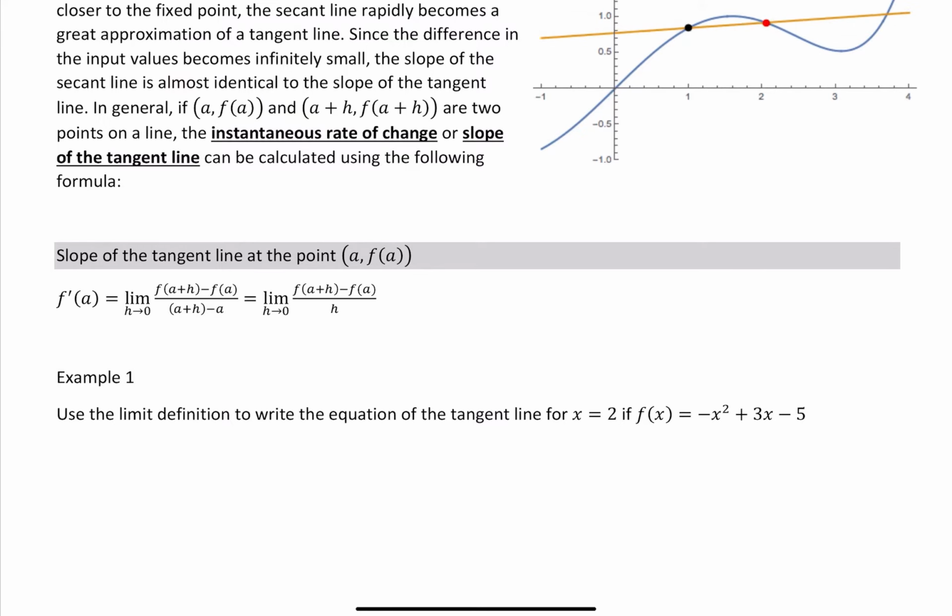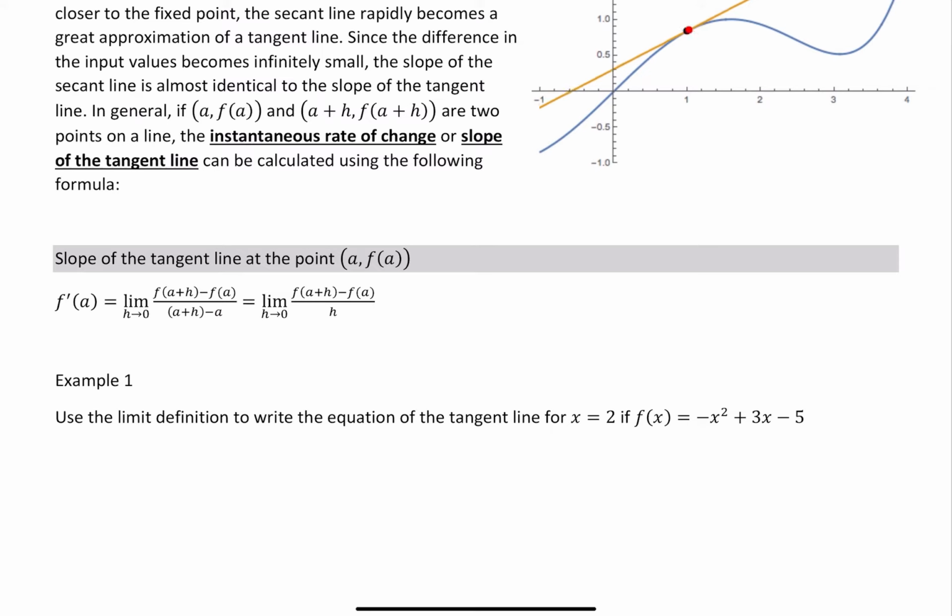And so as h gets closer and closer to 0, then we can manipulate this formula so we just end up with this part with no a in our denominator. And what we have here is the slope of the tangent line at the point a, f of a. And again, that's going to represent the instantaneous rate of change at that point.